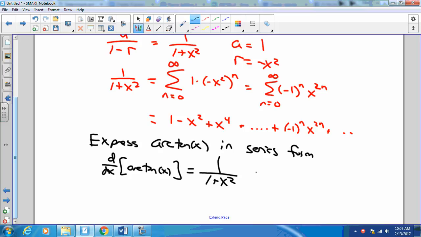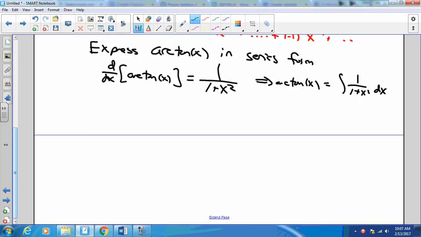Since the derivative of arctan x is 1 over 1 plus x squared, I can therefore say that arctan x is the integral of 1 over 1 plus x squared, which is now the integral of my series like so, pulling in the series that I had for 1 over 1 plus x squared.